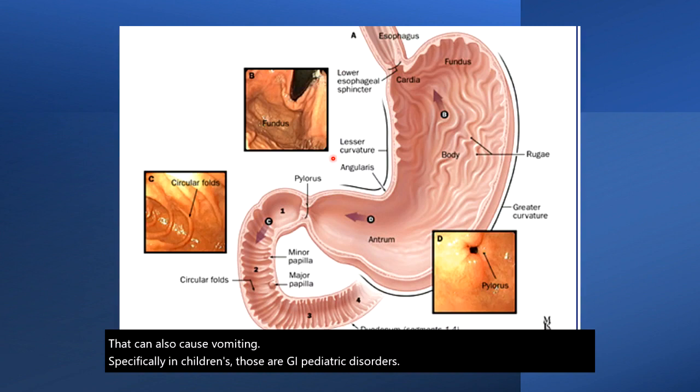There's another disorder called Zollinger-Ellison, a hypersecretion of acid. In this case, there are very high levels of gastrin produced by a tumor called gastrinoma.